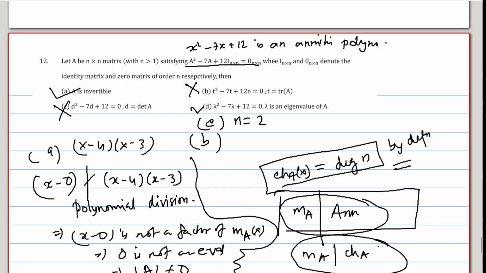But the remaining option is correct, because this is an annihilating polynomial, and since the minimal polynomial will divide the annihilating polynomial, because of this it is correct. Okay, this is fine.